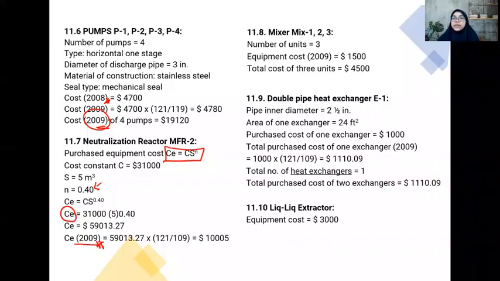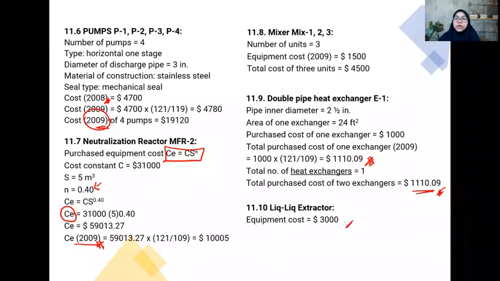Okay, the detailed design of the heat exchanger is given here, and then the purchase cost of the heat exchanger can be obtained by using the cost index. And then after that, by calculating the number of heat exchangers required in this project, we can obtain the final, or the total purchase cost of the heat exchanger.